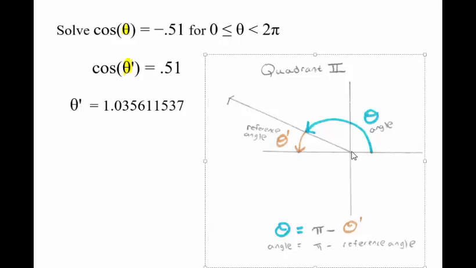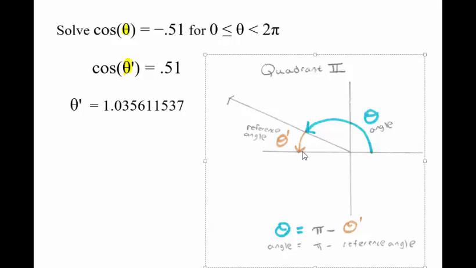So we need the amount of rotation it takes to get from the positive side of the x-axis to the terminal side of the angle in quadrant 2. And what we have is this little angle down here. Now we do know that straight lines are 180 degrees or pi radians. So one way to get theta is to take pi, which would be the amount of rotation to get from the positive side of the x-axis to the negative side of the x-axis.